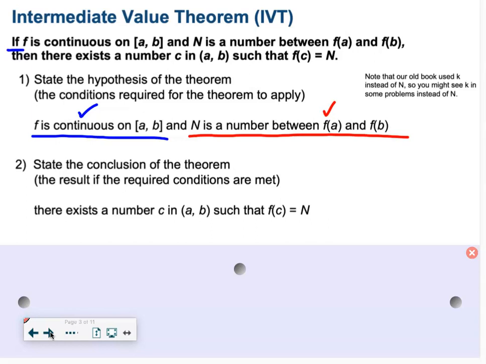And I will tell you in all honesty, some books put this closed and put this closed. Some books keep this open and then keep this open. So it just varies from book to book how they've chosen to present it. The gist of the theorem is the same either way. But this particular book keeps this open and keeps this open.